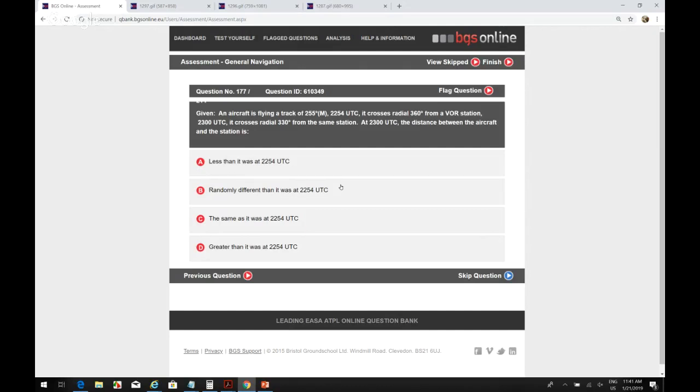The distance between the aircraft and the station is what?